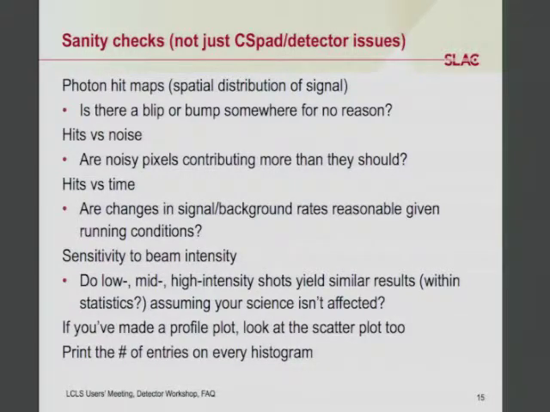We always like to check when we can whether or not high fluence shots and low fluence shots behave differently. If your analysis is sensitive to this, then that's something you need to think about.